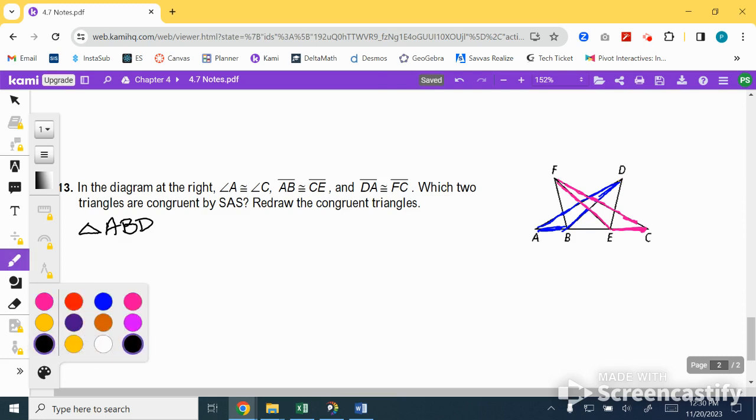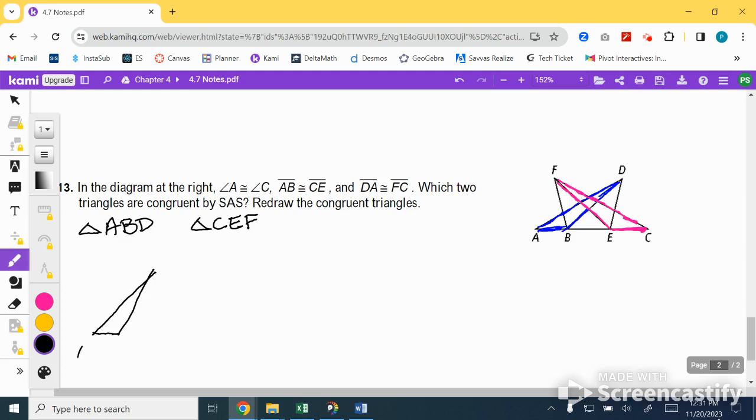I'm going to name the other triangle. I know A and C are already congruent with each other, so I'm going to put C here. And I know AB is congruent to CE, so I'm going to put E there. And then I just need the letter that's left over, which is F. All right, it says redraw the congruent triangles. So now that I have a clear idea of where they are, I can just redraw them.